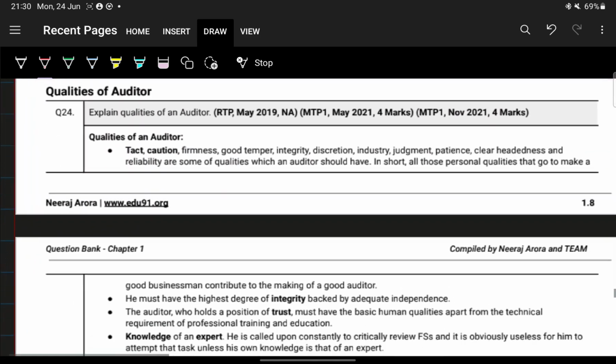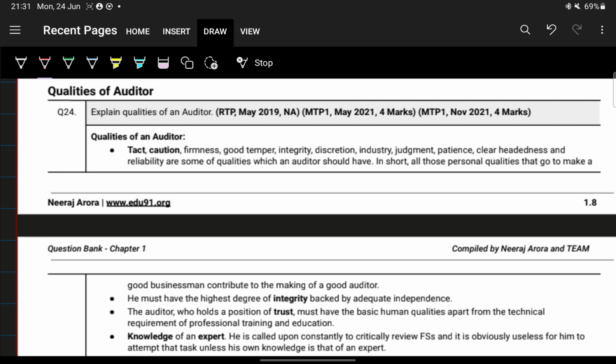So here the qualities of an auditor are very simple. He must have tact, he must exercise caution, he should exercise firmness, he should have good temper, integrity, discretion, industry, judgment, patience and clear-headedness.